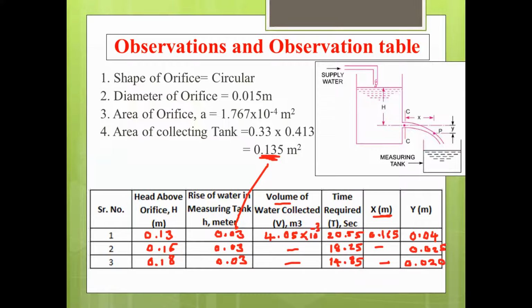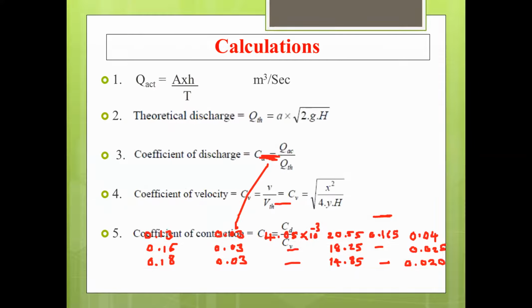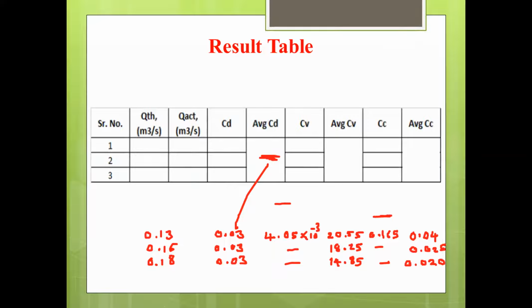And here we got the theoretical discharge for the first reading as 2.82 into 10 to the power minus 4. Okay. Similarly, let us now find out the theoretical discharge for the second and third run.